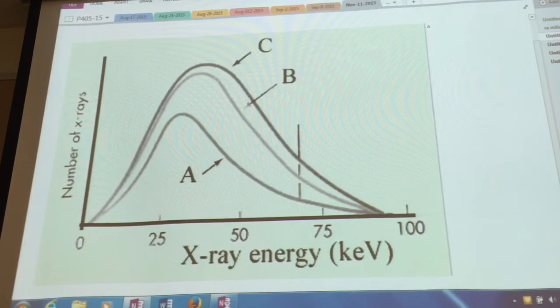But it seems like the average energy is changing as well. So we want something that produces lots of low energy photons, and then we want to improve it by having less low energy and more mid energy photons. And something finally improves it even better with even less low energy photons. Filter. Filtering. That was in the previous graph.